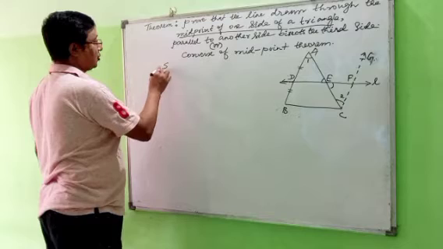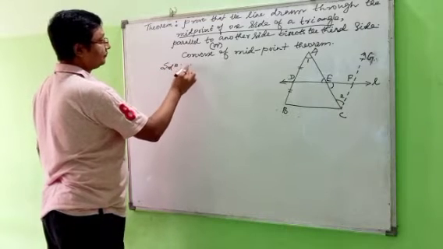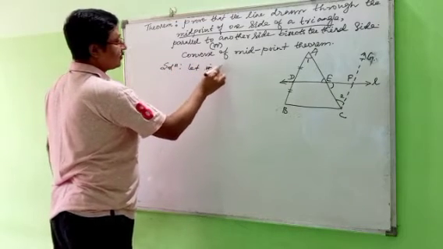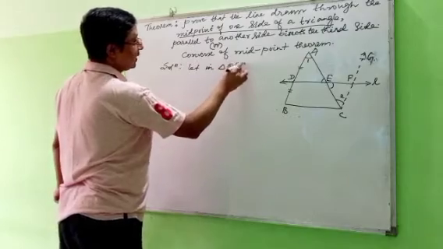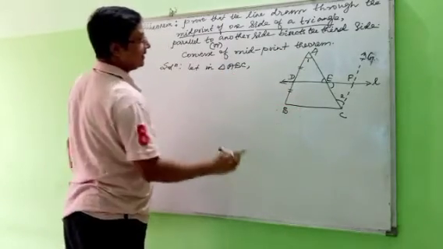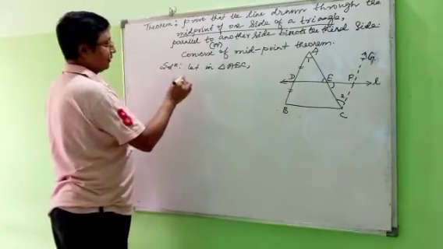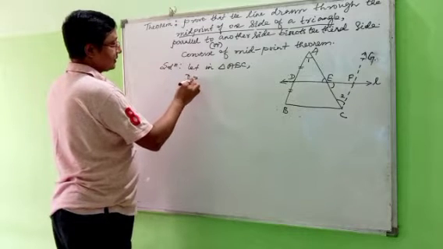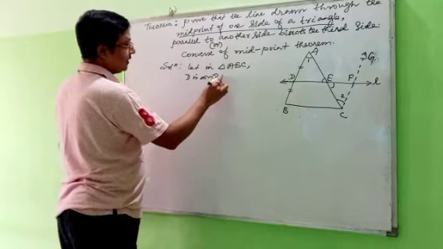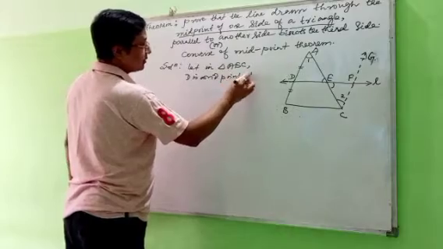So here is the solution. Let in triangle ABC, D be the midpoint of the side AB.